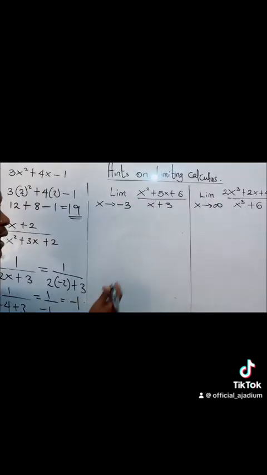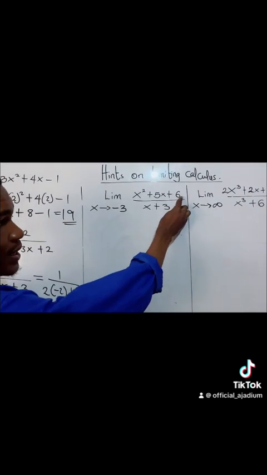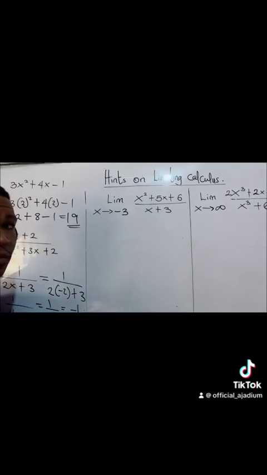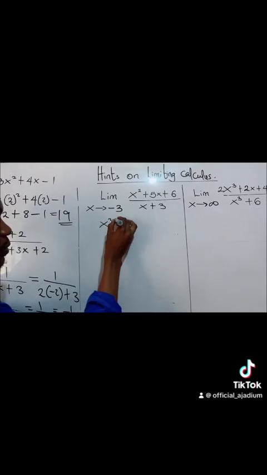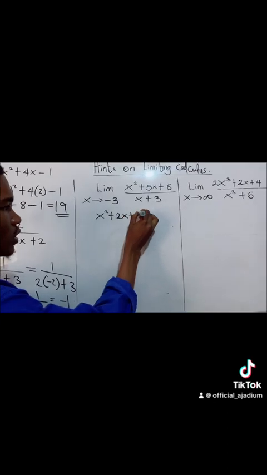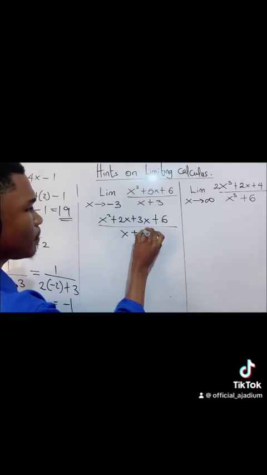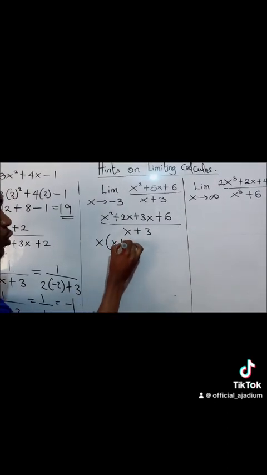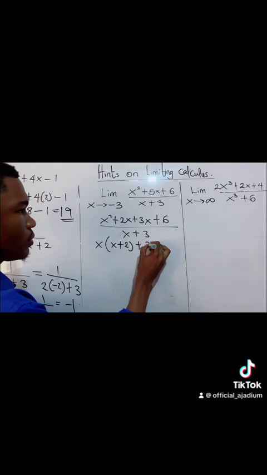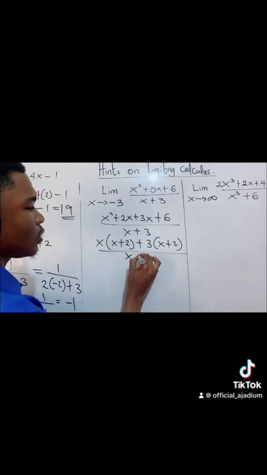And how do we go about that? We find two factors which when we multiply, we must get 6, and when we add, we must get 5. And these are 2 and 3. So when we do that, we get x squared plus 2x plus 3x plus 6 divided by x plus 3. Then we say x into bracket x plus 2, 3 into bracket x plus 2, divided by x plus 3.